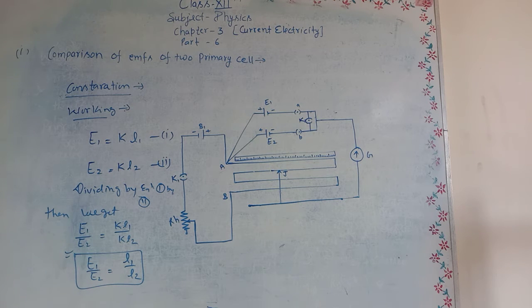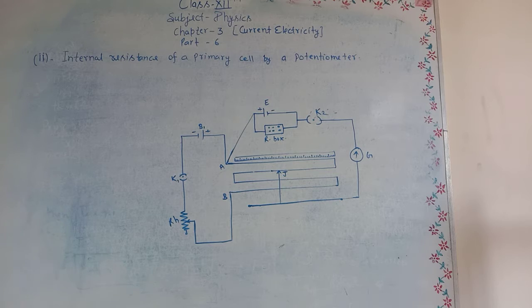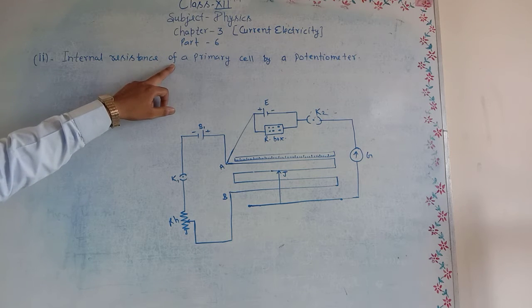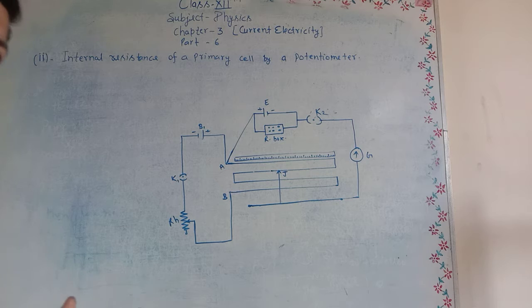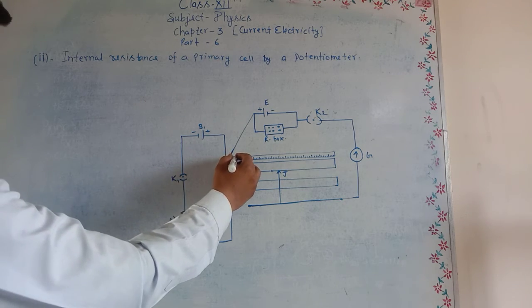Okay, students. And next use of the potentiometer: the internal resistance of the primary cell by the potentiometer. How can we find the internal resistance of any primary cell by the potentiometer? We will discuss this in this topic.